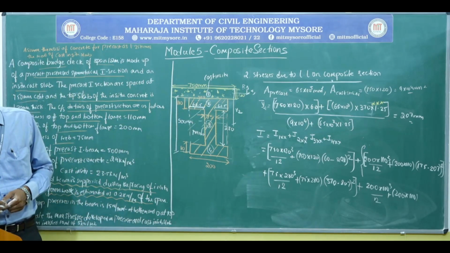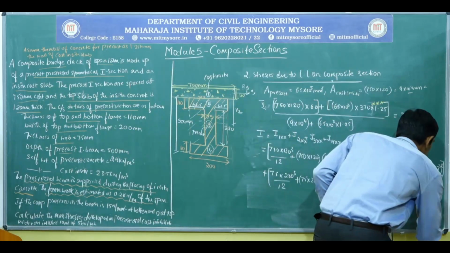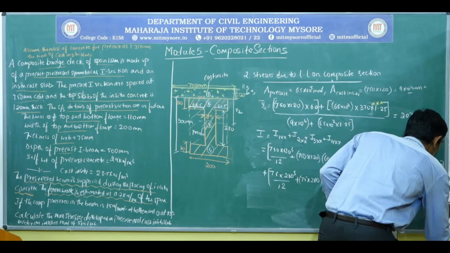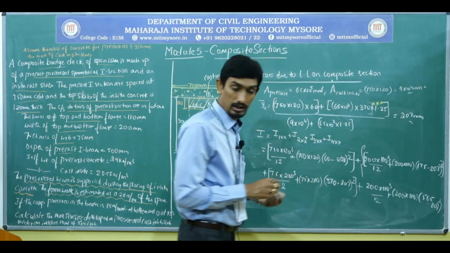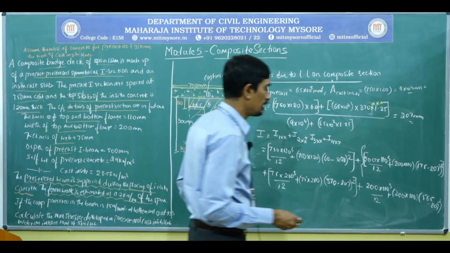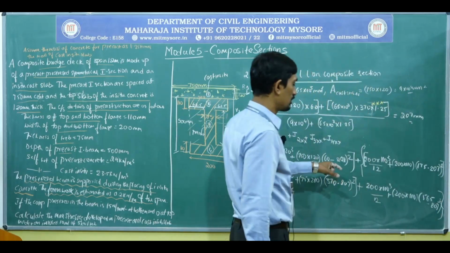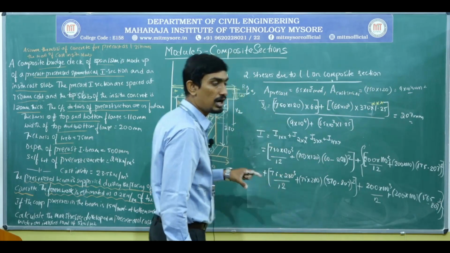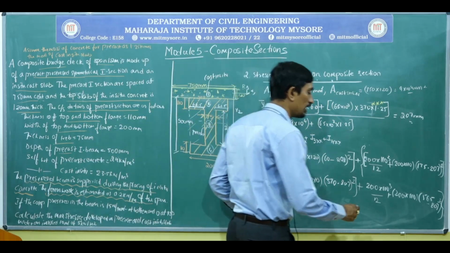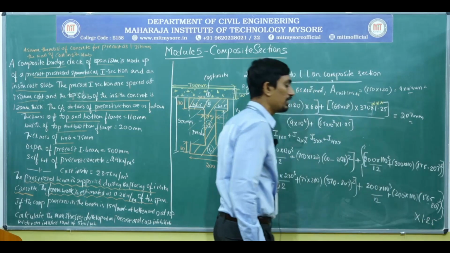So totally it will be 565, 565 minus 207 whole square, that is one thing. Now the very important thing what I need to do here is multiply the entire moment of inertia of the precast I2, I3, I4 with a modular ratio 1.25. So this is very, very important.